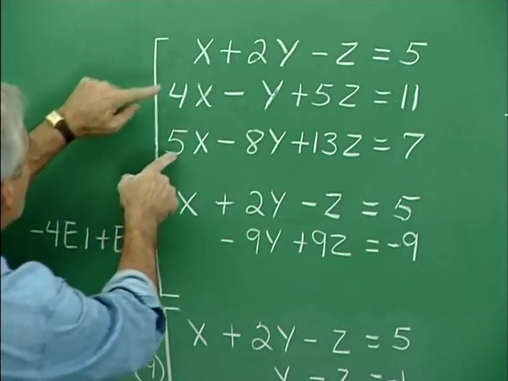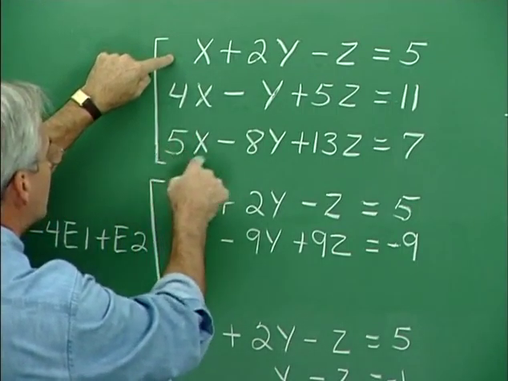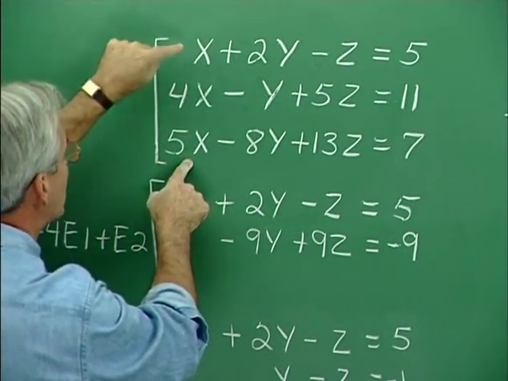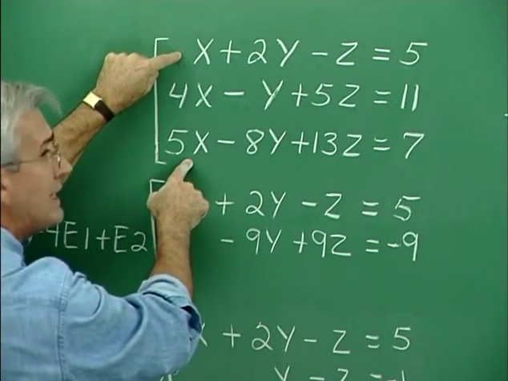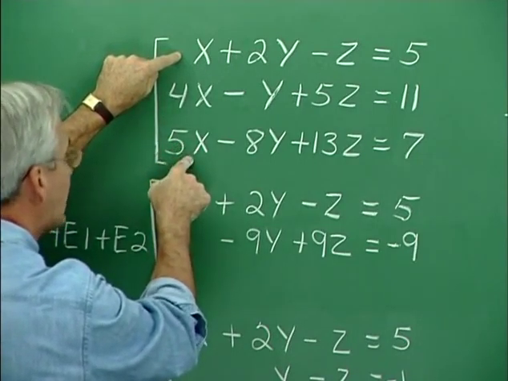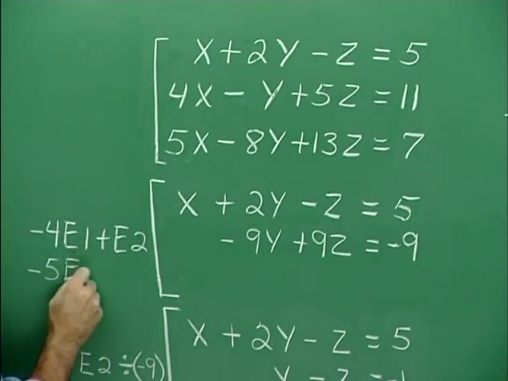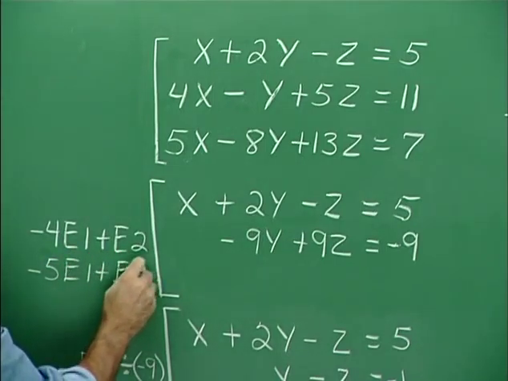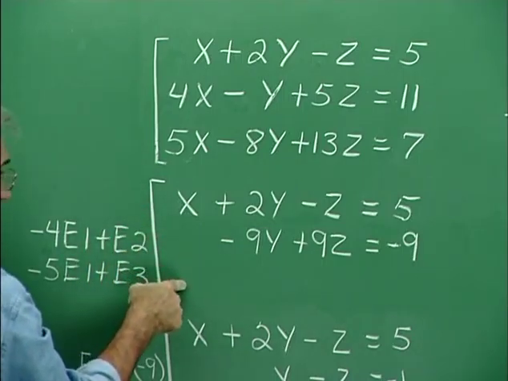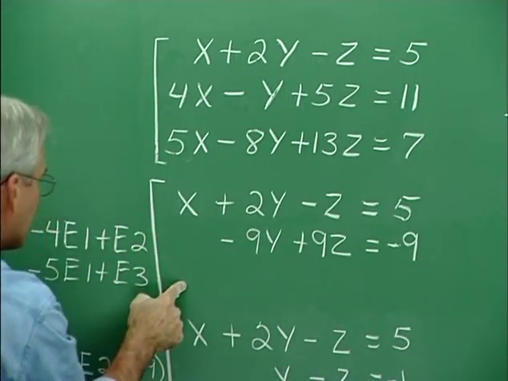All right, let's go to this one. We're playing these two off of one another to create a vacancy here. We'll need to multiply equation 1 by -5 and then add equation 3. So it's -5 times equation 1 plus equation 3 is what we're doing, creating a vacancy here as expected.